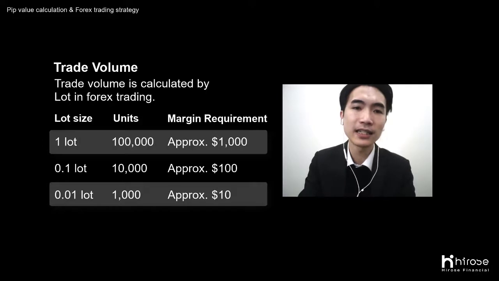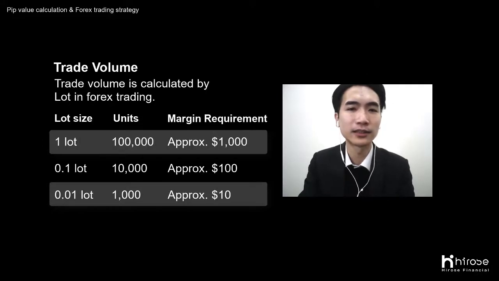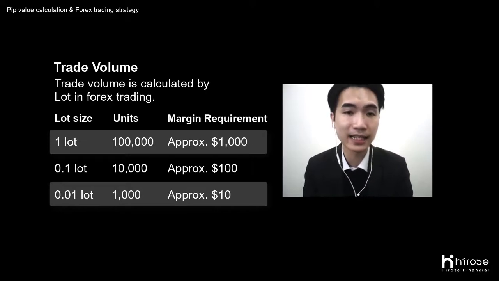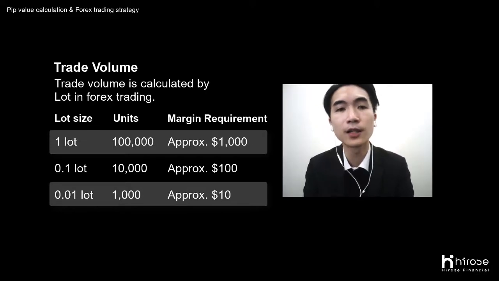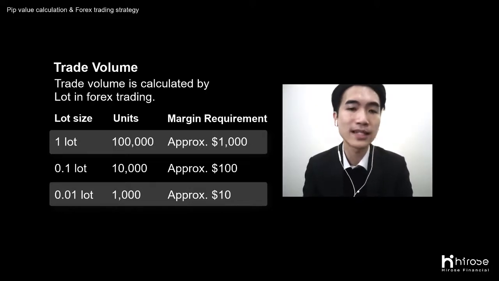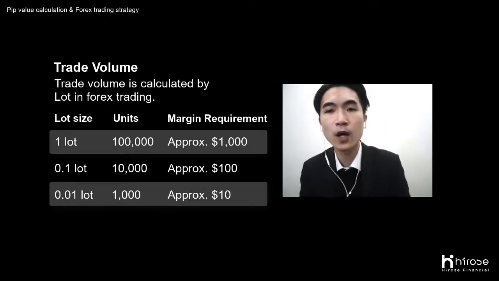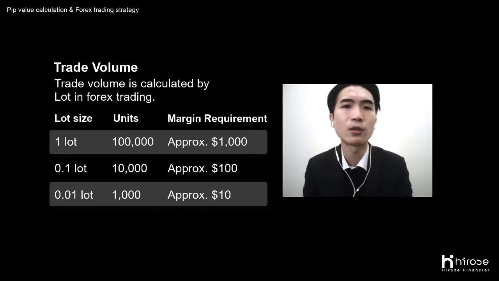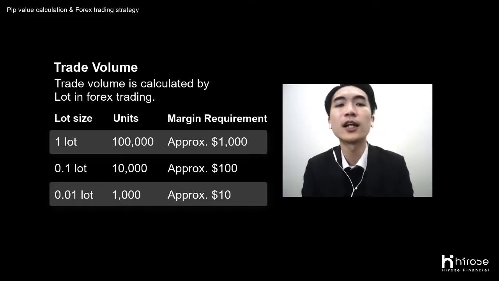So this table here shows the most traded lot sizes that we use in the Forex market. One standard lot is 100,000 units, and the margin requirement, the actual fund that you're going to trade with, is roughly $1,000.